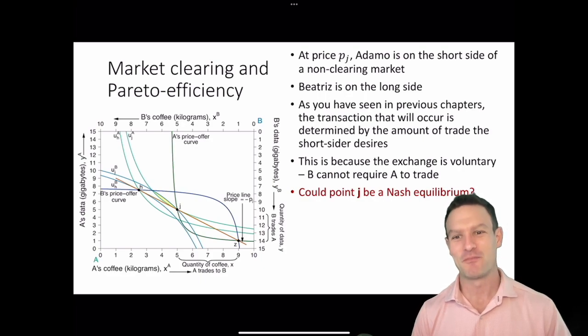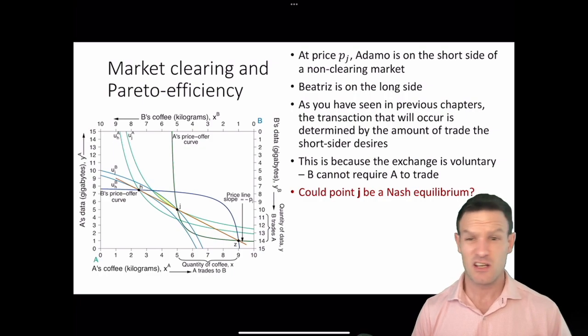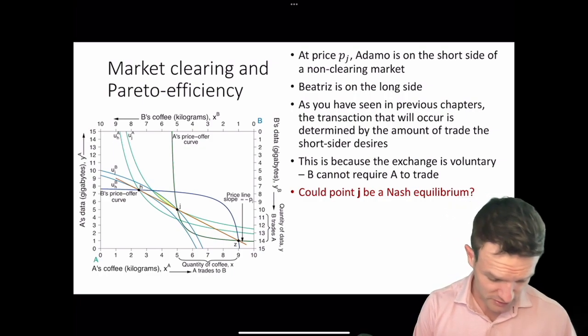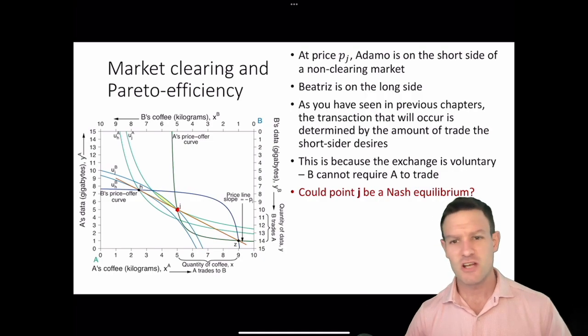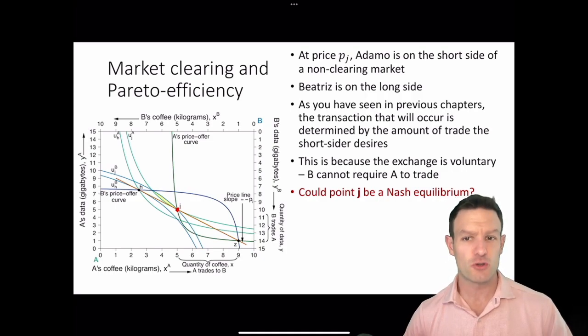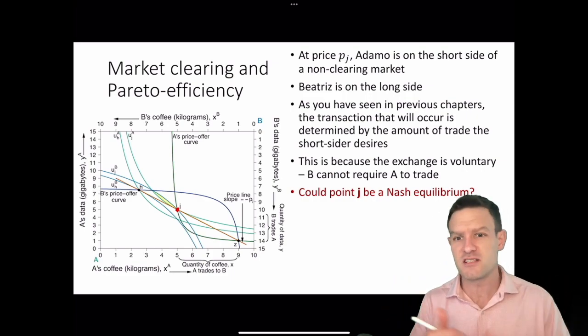And so as a result, what we want to think about here is, is J a Nash equilibrium, this point over here? J is not going to be a Nash equilibrium. We're going to be able to see that the two of them could in fact deviate and do better. The question is, how could they deviate?